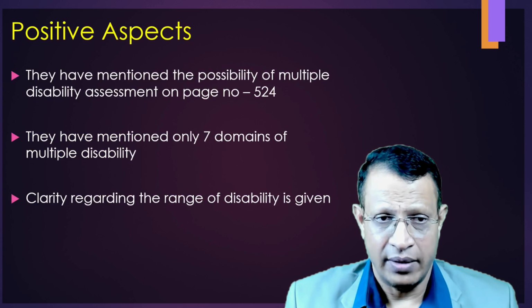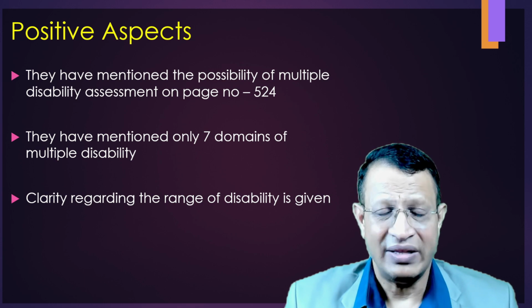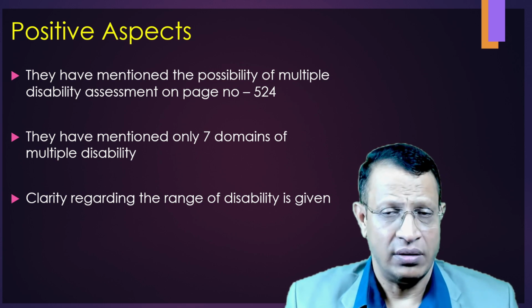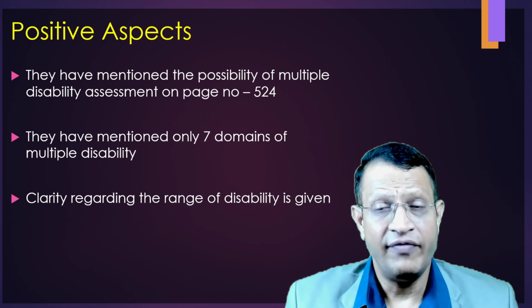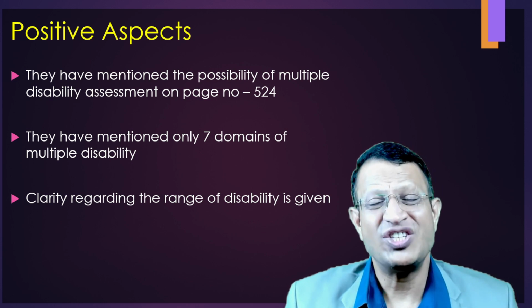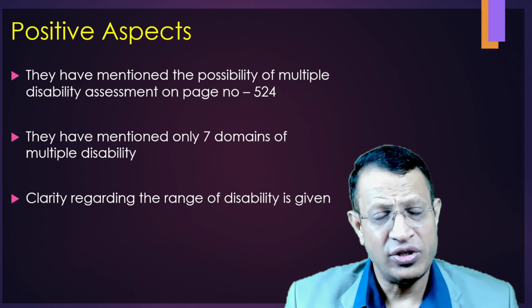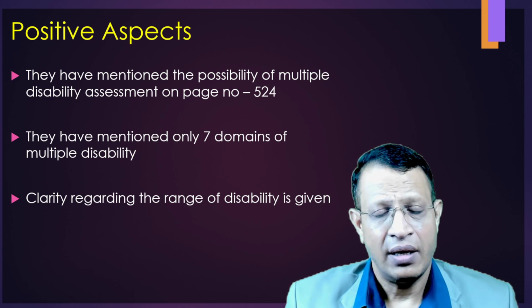If we critique this multiple disability formula, they have mentioned this multiple disability on page number 524. They have clearly demonstrated it. And compared to the previous one, they have increased the denominator to 100. Unfortunately, they have considered only 7 domains of multiple disability. That means the combination of these 7 domains will be considered for multiple disability.